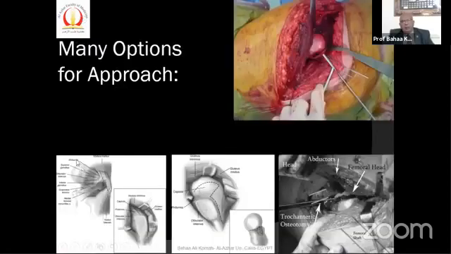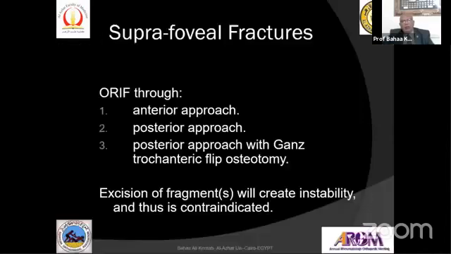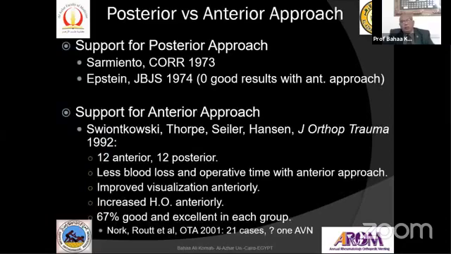There are many options for approaching, and you prefer one according to the situation of the dislocation or the fracture pattern. So for suprafoveal fracture, open reduction through the anterior approach, or posterior approach with Ganz trochanteric flip osteotomy. Excision of the fragment will create instability, and thus it is contraindicated.